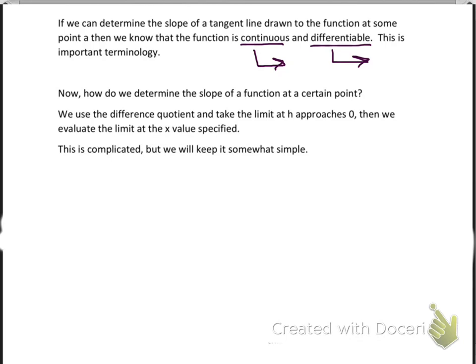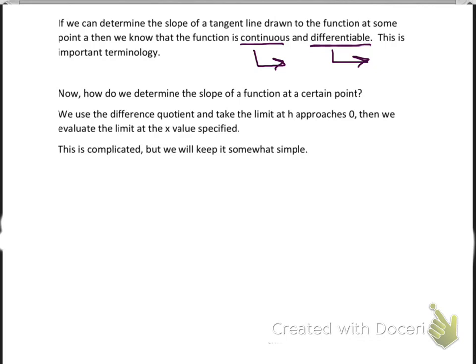In order to draw a tangent line, your function has to be at a minimum continuous. You also have to have it be differentiable at that point. So it's a twofold test. Continuity gets you in the first door, differentiability gets you in the second door, and then you can take your tangent line. So this is very important terminology.